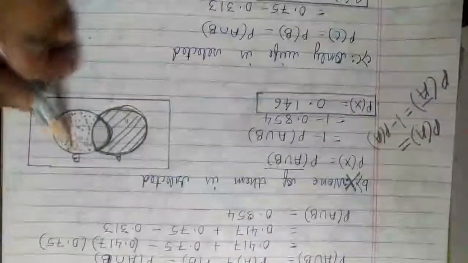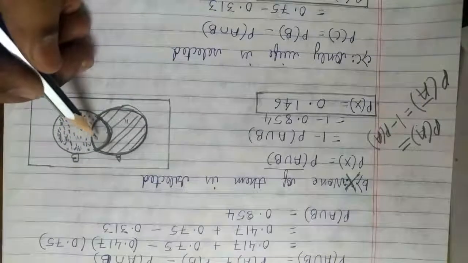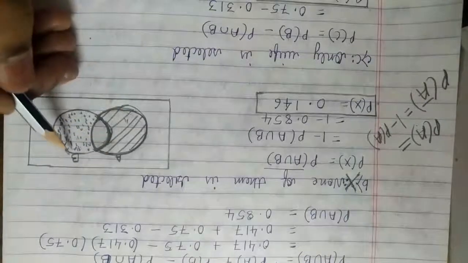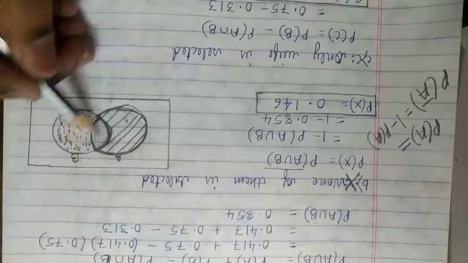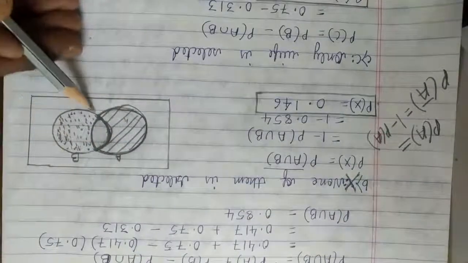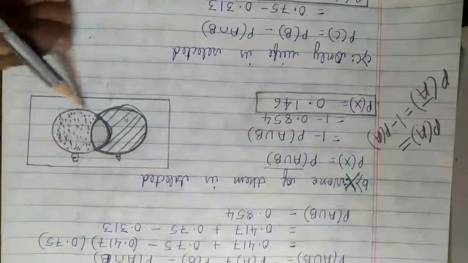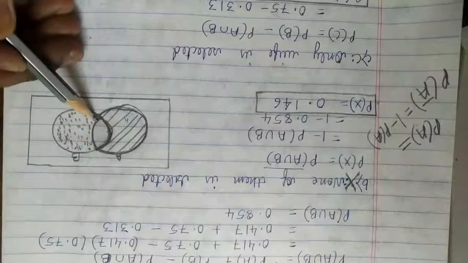So only the wife being selected is shown by dots. This shaded region includes the husband is selected and the wife is also selected. That means both are selected. So this part covers three cases: only the husband is selected, only the wife is selected, and both are selected.